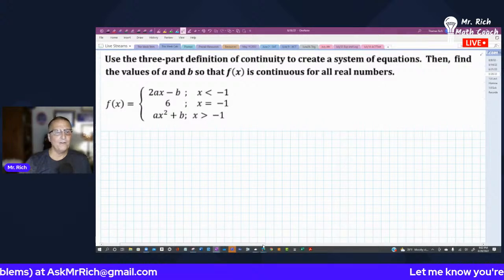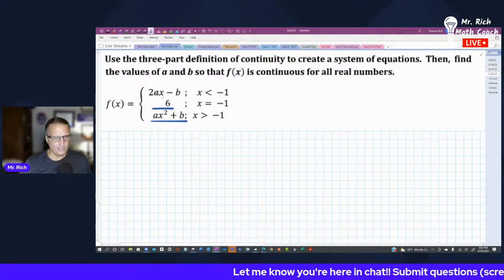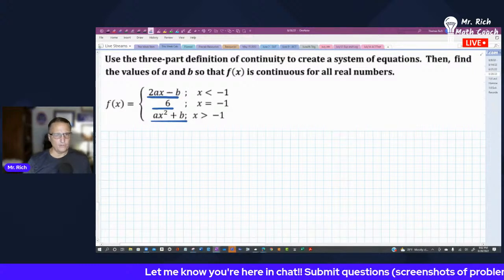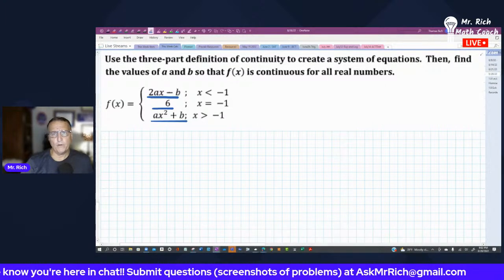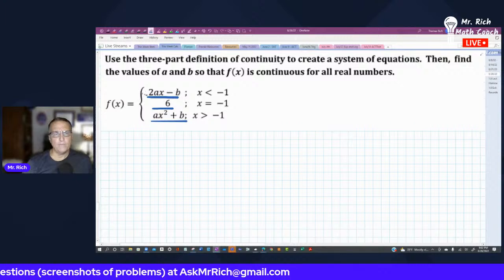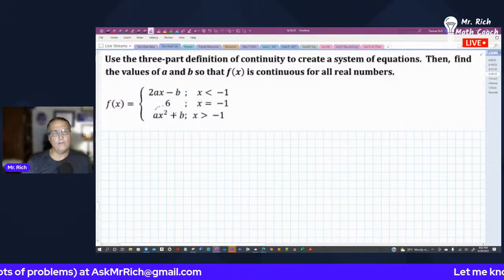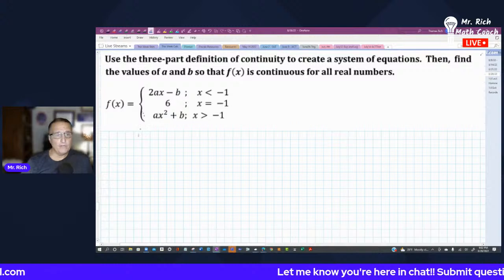Okay, so it looks like this is a quadratic, that is a constant, that is a linear function. So all 3 of those would be continuous over all real numbers. So the only place really that we have to check is at x equals -1. So here's what we're going to do. I'm going to start going down the 3-part process here.